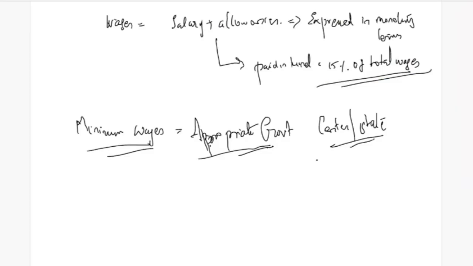Any establishment that is covered under the Code of Wages Act, and all the establishments are covered under the Code of Wages Act, has to comply with minimum wages. Like I said, it can be based on 3 categories: skilled, unskilled and semi-skilled.